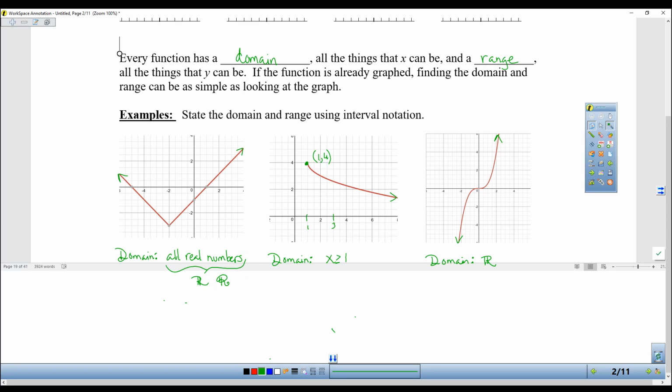We are going to do range, but first I'd like to talk about interval notation. This might be new to most of you.